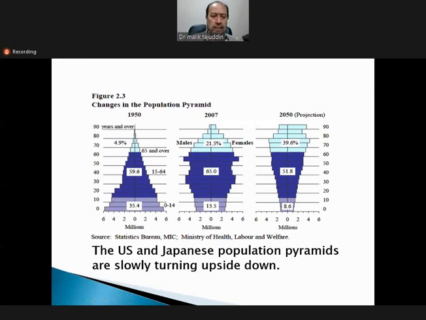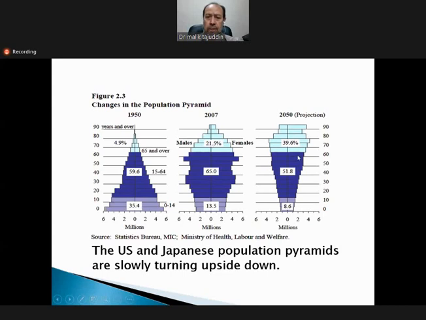So how do changes in the population pyramid occur? From stage 1, with very high birth rate and high death rate, it is conical and concave outside: more people are born, more people die, and life expectancy is less. Then to slow growth, where birth rates are declining and death rates have already declined, so there is a narrow base and a broadened middle, and then a broadened upper side as well.